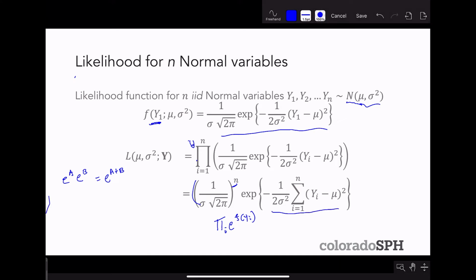And using this rule that I just talked about over here, we can distribute that product inside the exponential to say that is equivalent to the sum of each of those functions of yi. And so that's what's happening here. That's how this product got distributed as a summation inside the exponential. And it can just be easier to work with the likelihood in this form, which is why we do that.